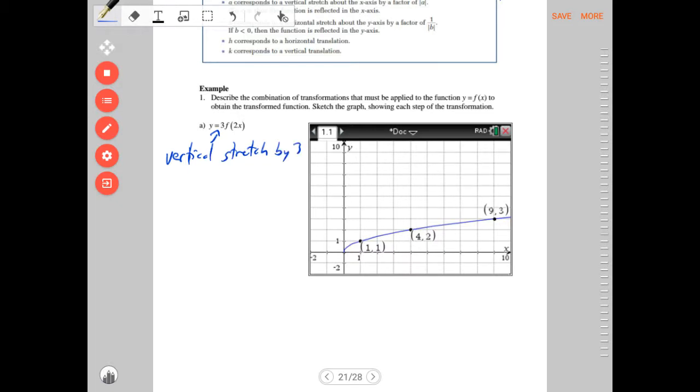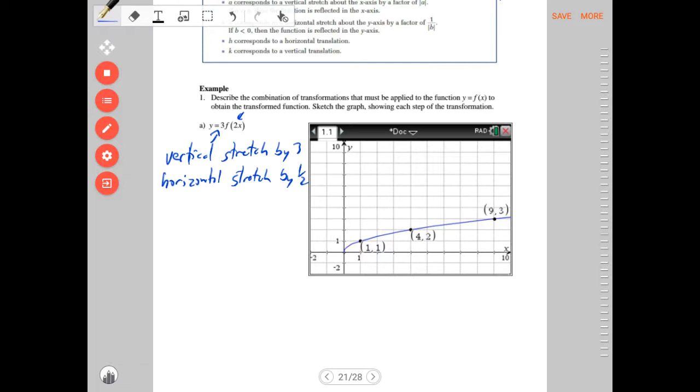And then the 2x is a horizontal stretch by a half. Great. So it doesn't matter what order we perform these in, so I picked the vertical to be first, so why don't we just carry on with that.